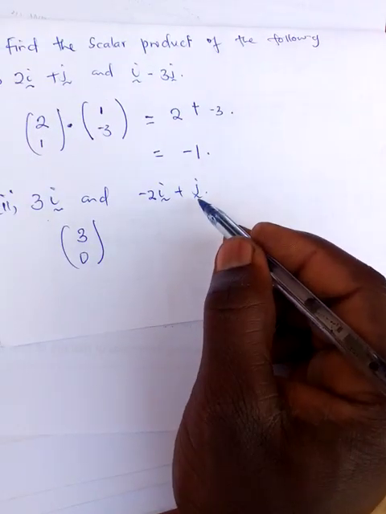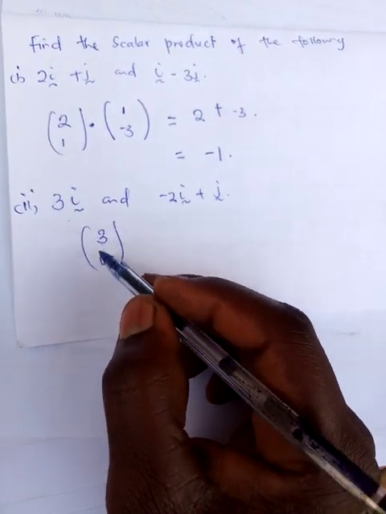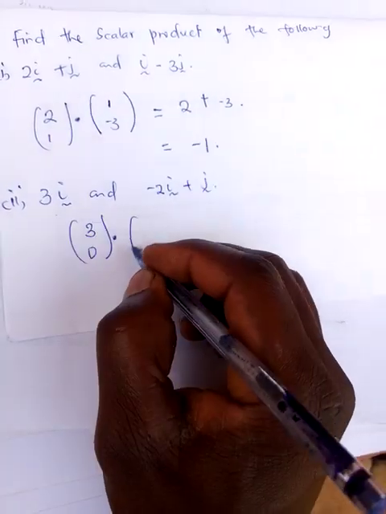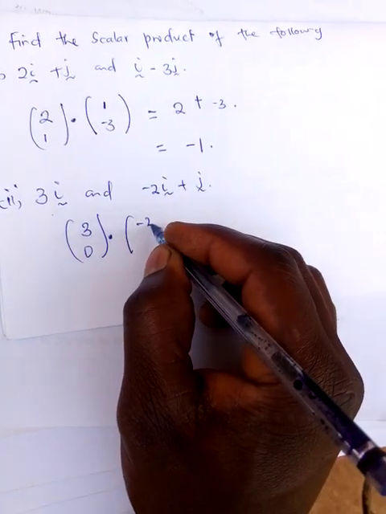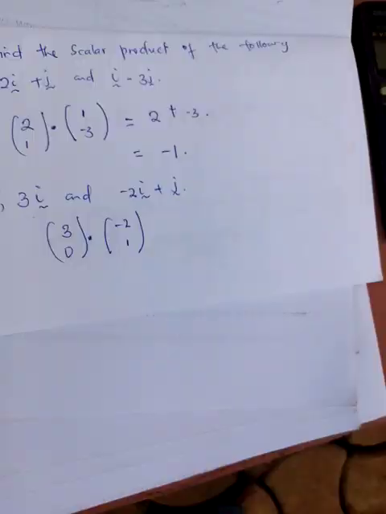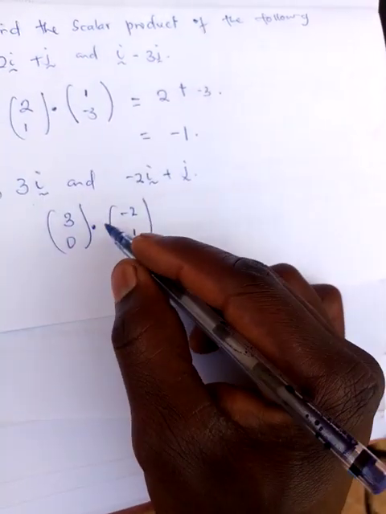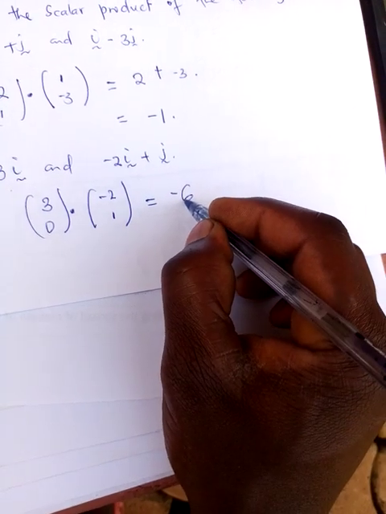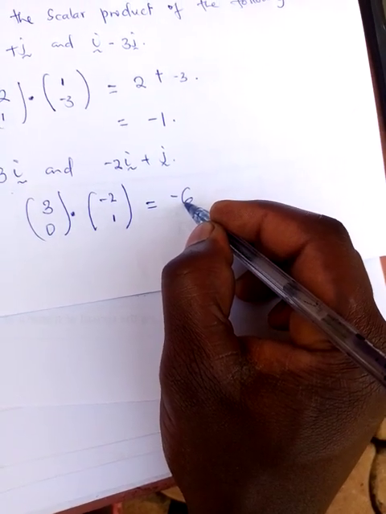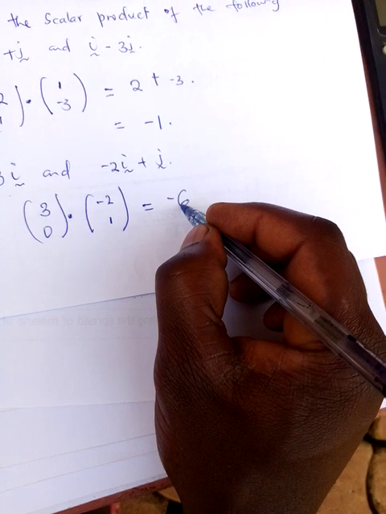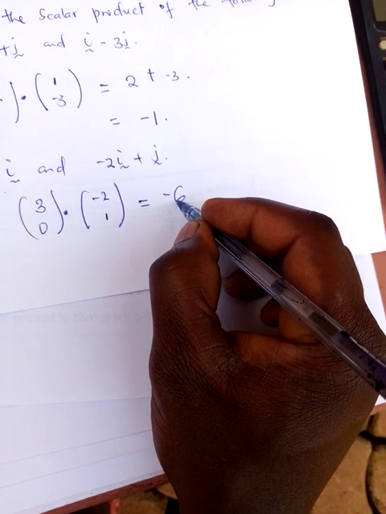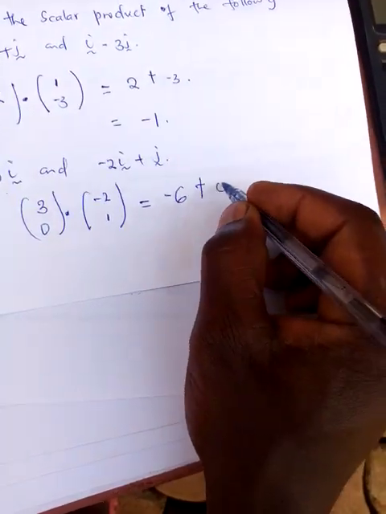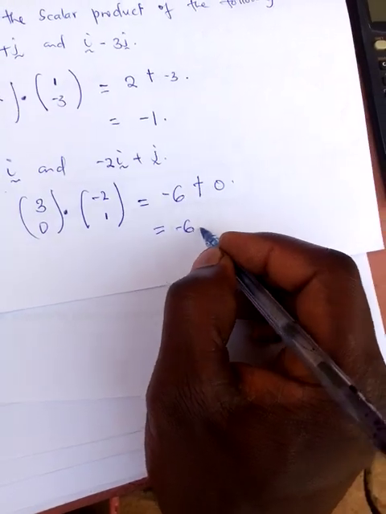Because this one is not having j, I put this one to 2 dimensions. Dot (-2, 1). So I get the answer negative 6 plus 0. The answer is negative 6.